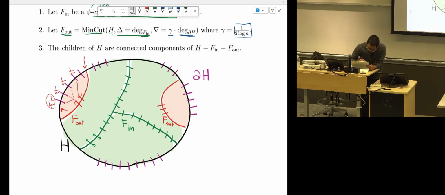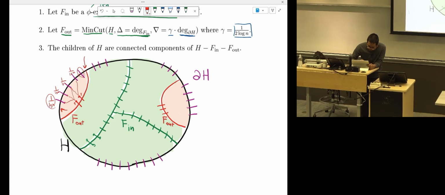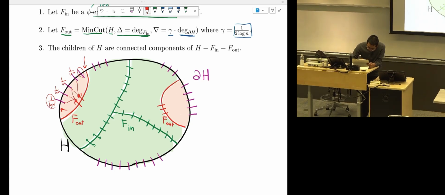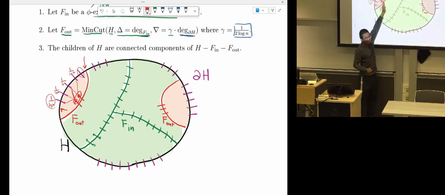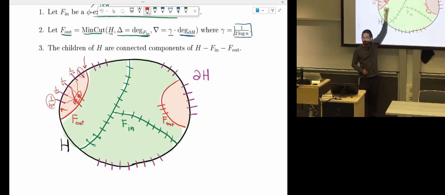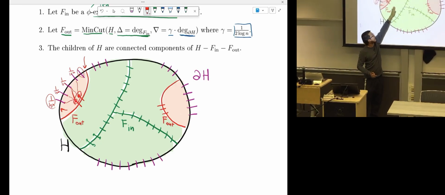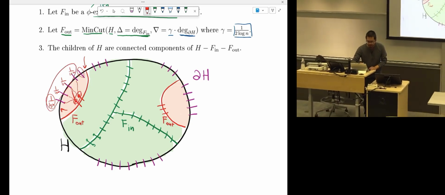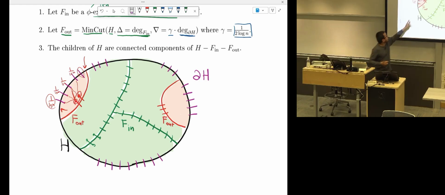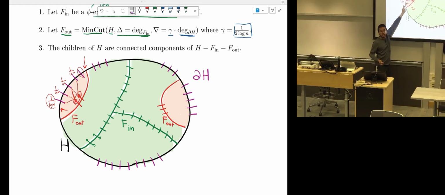Maybe some of these don't get flow, but everyone here is saturated. The edges along the min cut are saturated by the flow, so there is a flow that saturates this part and respects this part. And this part has only sink capacity of 1 over log.